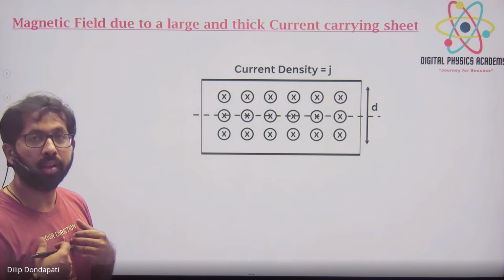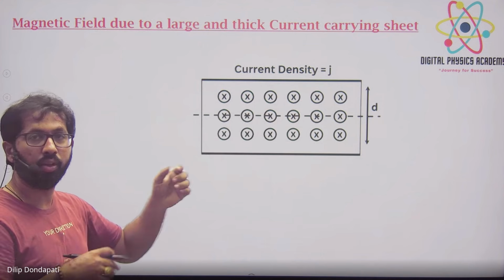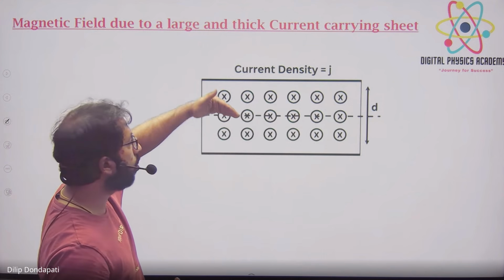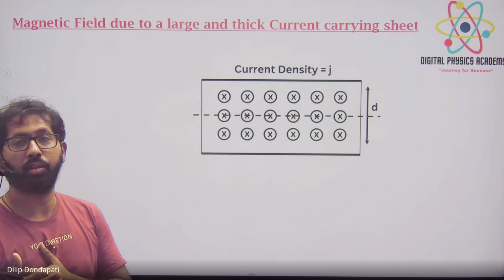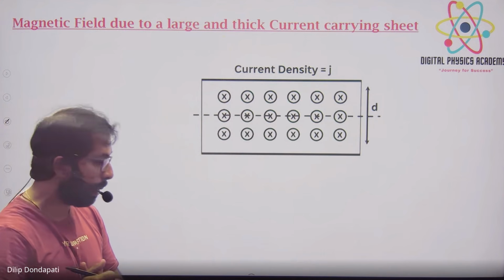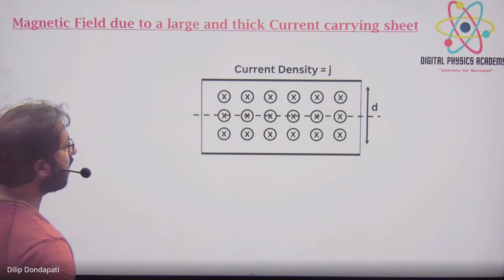We want to draw the graph initially. Finally they will give shapes like this, and you need to find which graph matches. As we go far away from the axis, how does the magnetic field change, increasing or decreasing? We want to find that. Okay, let's go. First I want to find the magnetic field.